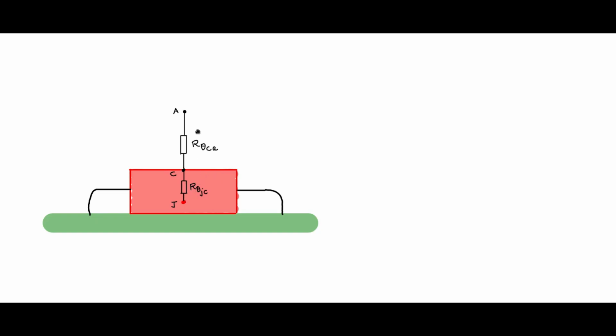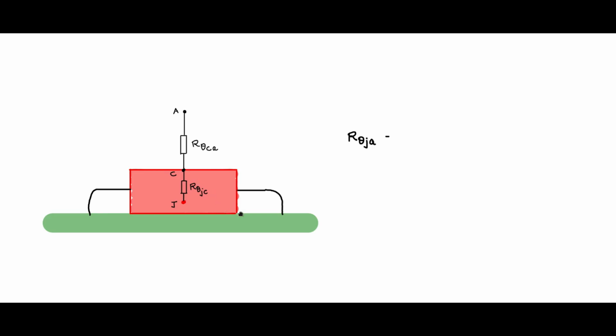So you can split the junction to ambient thermal resistance into two parts: R theta JC, the thermal resistance from junction to case, and the thermal resistance from case to ambient. The thermal resistance from case to ambient will be the major contributor to the entire thermal resistance from J to A. The junction to case part will be small. This will be given in the data sheets of the respective components.